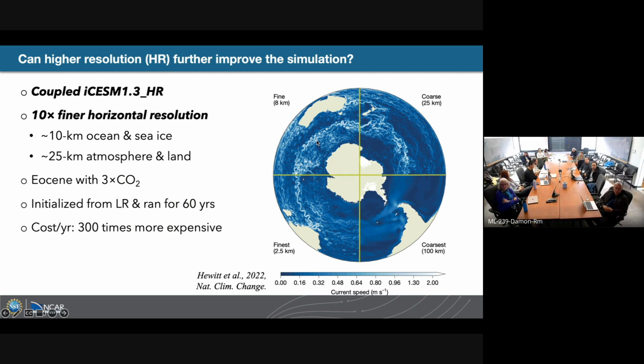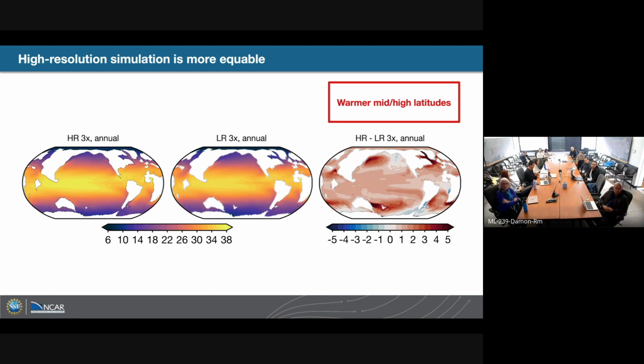And the scientific question is, if we are going to resolve these ocean eddies, what's the impact on the large scale SST? That's what we are going to look at next. So on the left, we have the sea surface temperature in the simulation with high resolution. In the middle, the standard low resolution simulation. On the right, we have the difference.